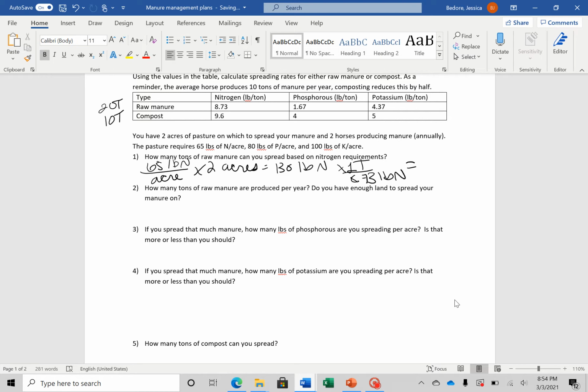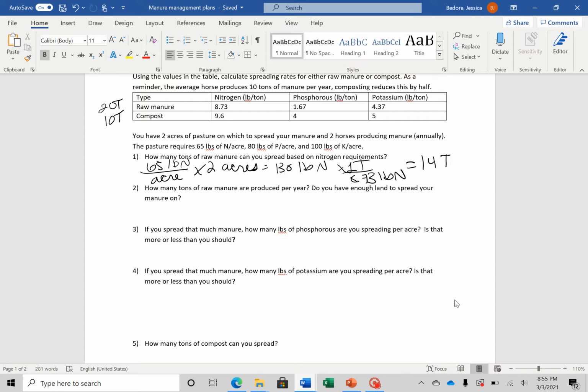So if we divide 130 by 8.73, that gets us roughly 14 tons of manure. So if you spread 14 tons of manure, that will provide 65 pounds of nitrogen per acre. If you get a slightly different number, that's perfectly fine. You round it up or down. None of this is perfect anyway, so that's fine.